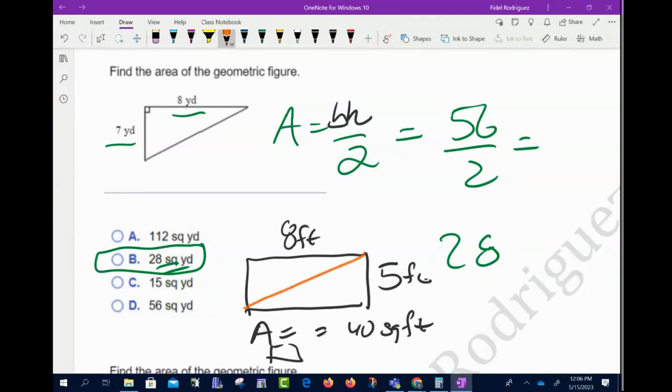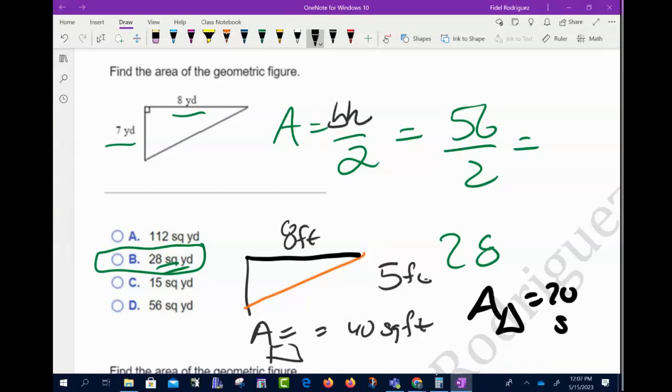If I drew this line right here and then did this, what did we do with that rectangle? We cut it by how much? By half. So wouldn't the area of the triangle now be 20 square feet? Does that make sense? That's basically how we're able to get it.